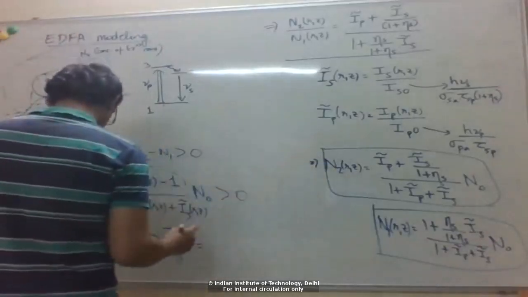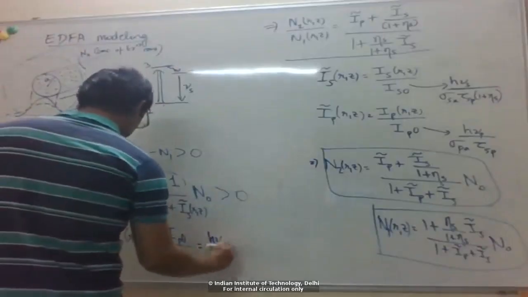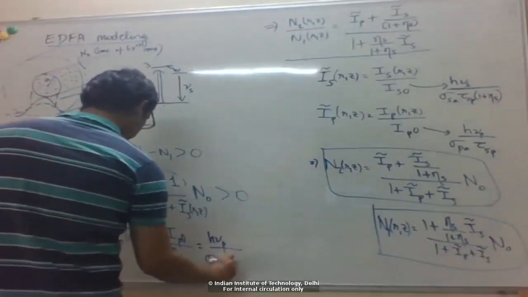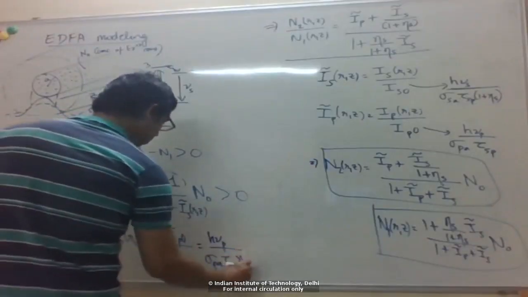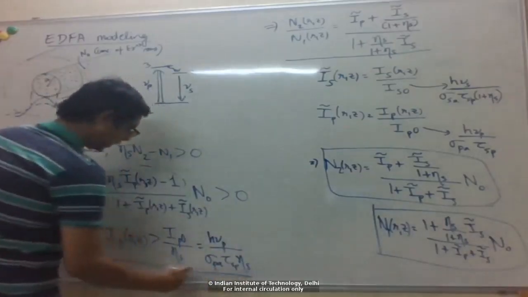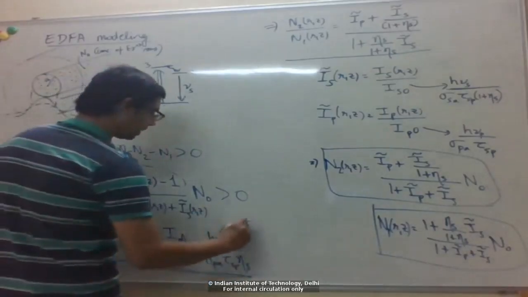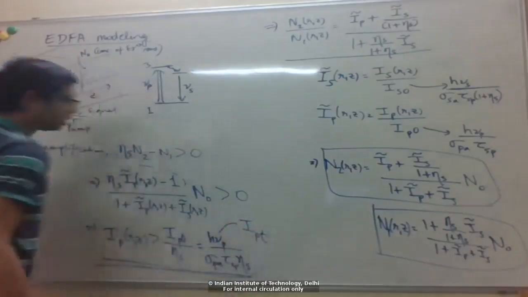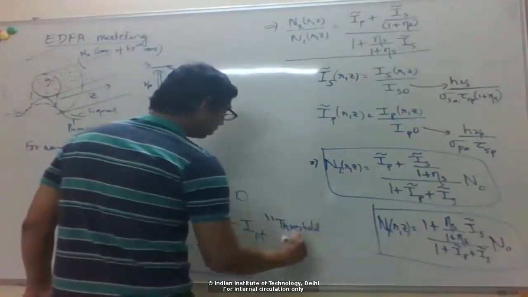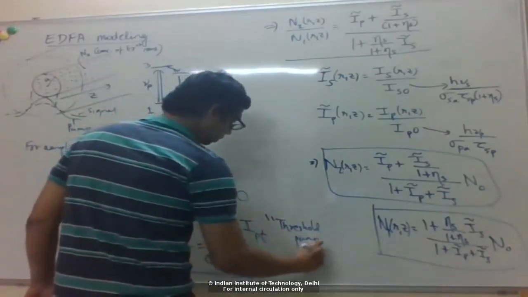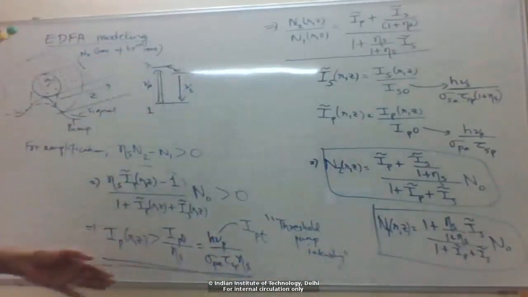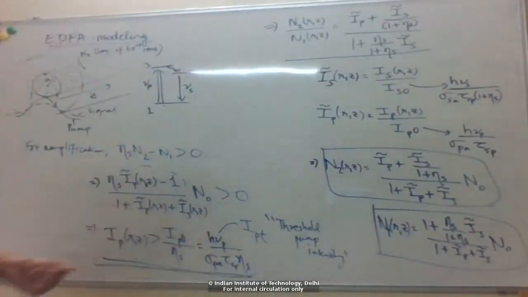Okay, so if I put the values here. Okay, so this you can see is some threshold pump intensity. Right, so if my pump intensity exceeds this particular value, then I will get gain for the signal.